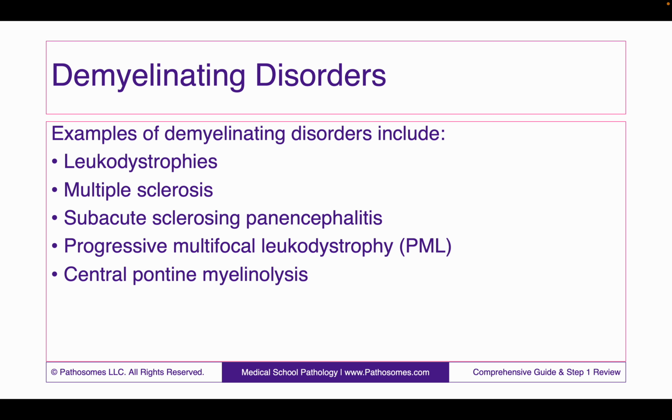Examples of conditions that you must know because they are highly tested include leukodystrophies, multiple sclerosis, subacute sclerosing panencephalitis, PML, which is progressive multifocal leukoencephalopathy, and central pontine myelinolysis. I should say myelinolysis, excuse me.